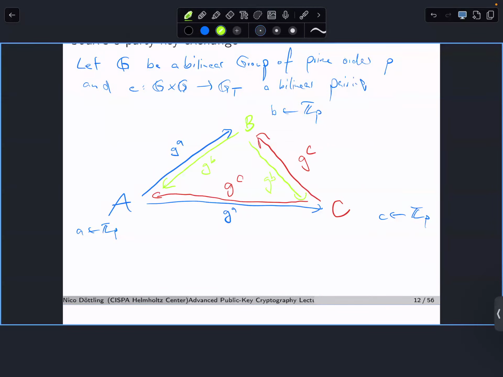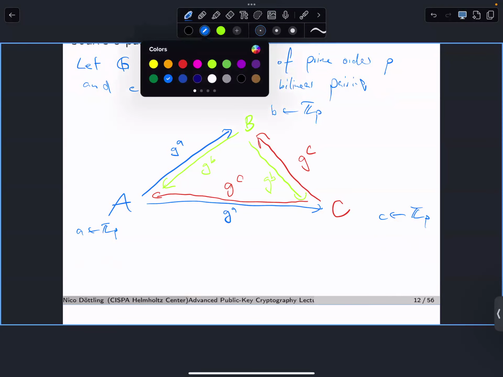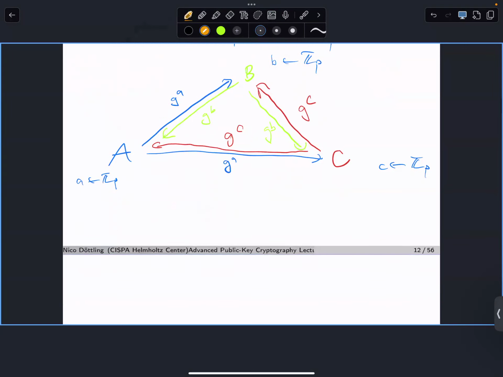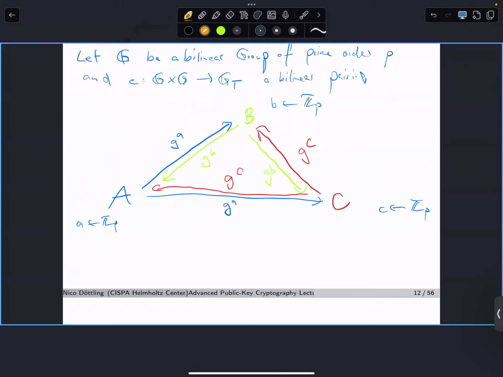Now the joint key that we derive: Bob computes a key K_B, which is just e of g to the a, g to the c, to the b.